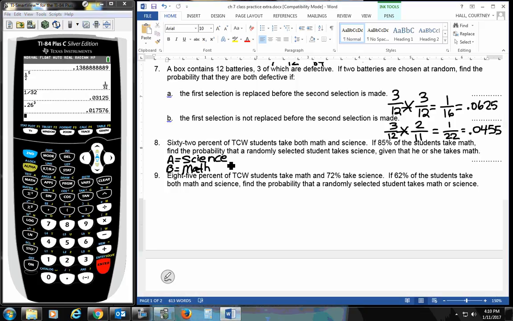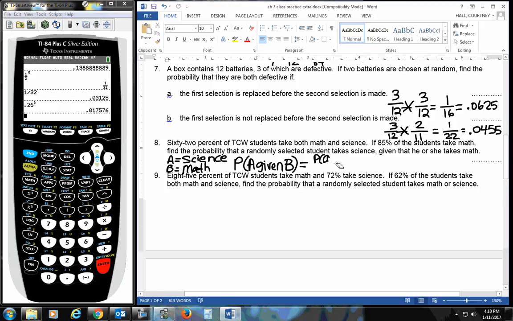And our formula says the probability of A given B is equal to the probability of A and B on the top divided by just the probability of B on the bottom.